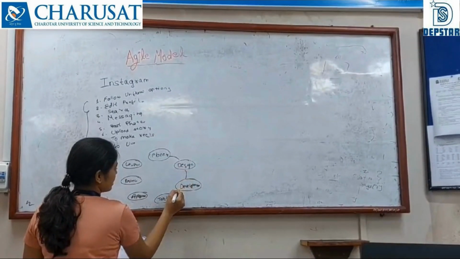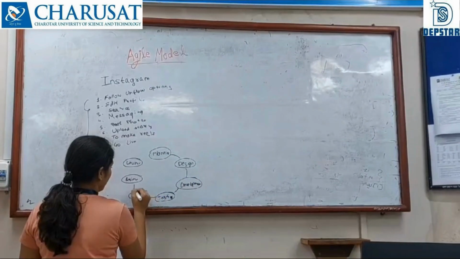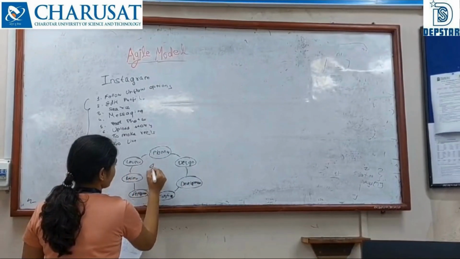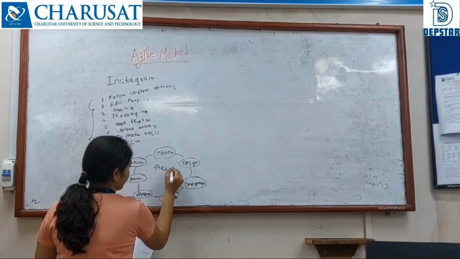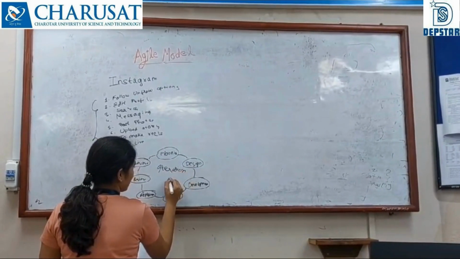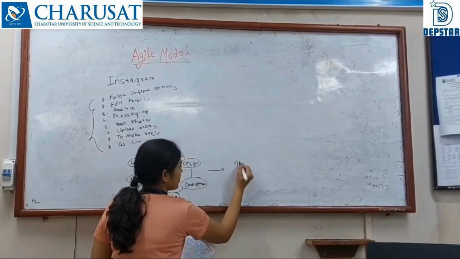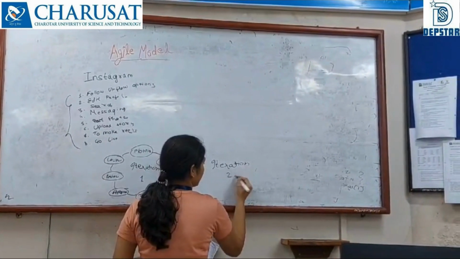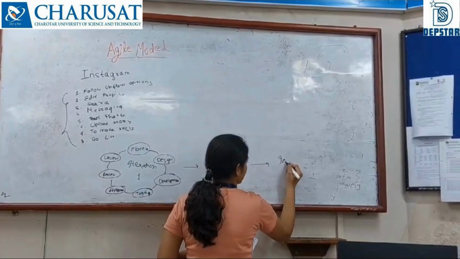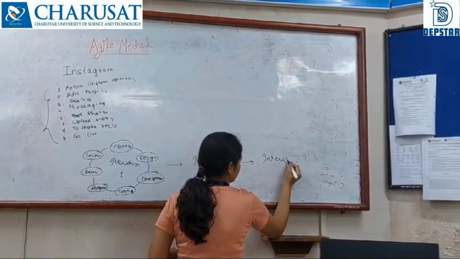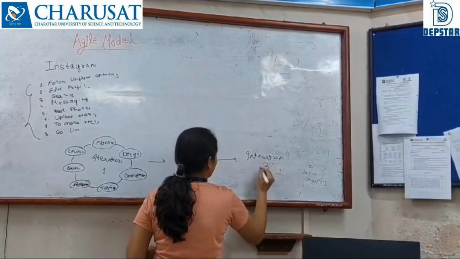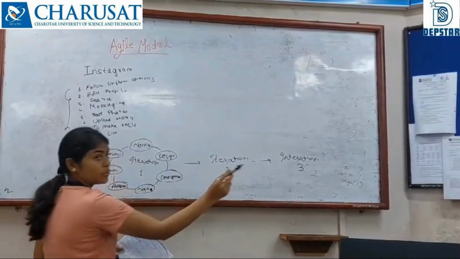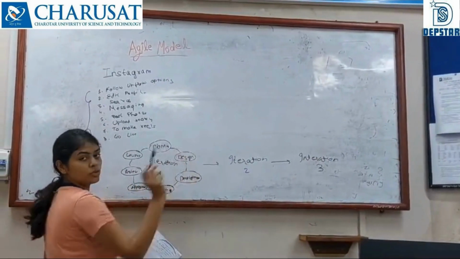So this is an iteration. This is iteration 1. Similarly, there would be iteration 2, and further on there would be iteration 3. So all these iterations will contain these steps to be followed.